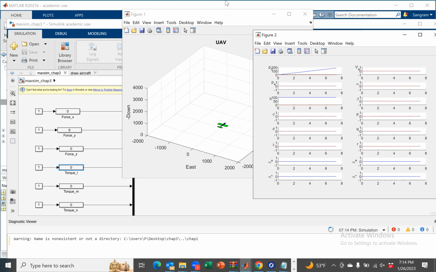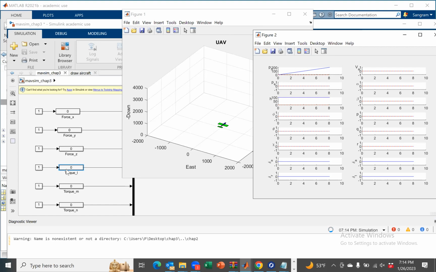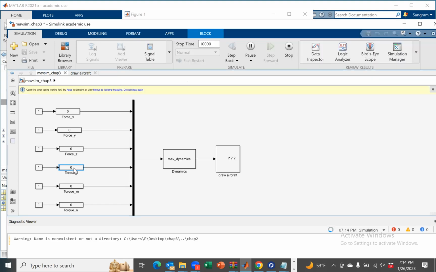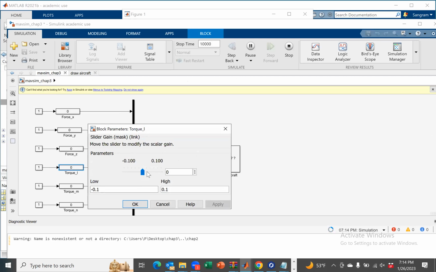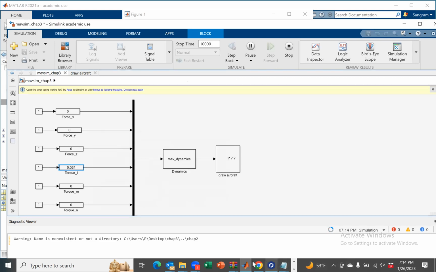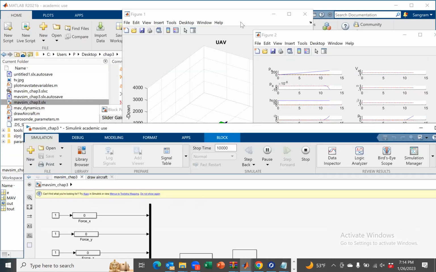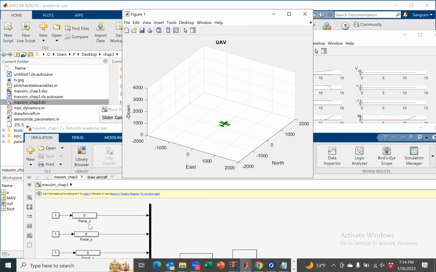Here, maybe if you increase the torque. So let me see if I give it some amount of torque. So you will see this aircraft starts turning and yawing. So let me give some value of torque, and you will see this aircraft.